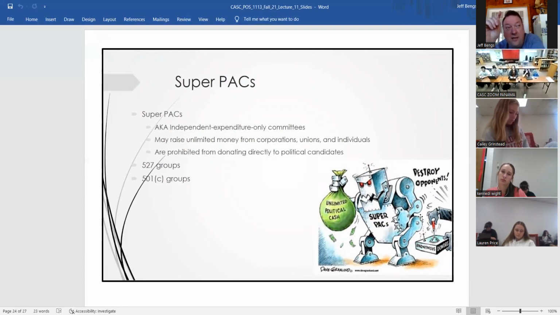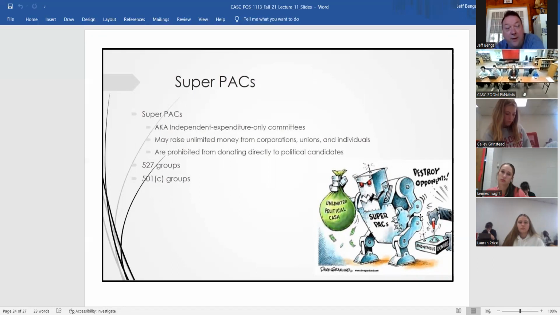Make sure you write notes for this or pay attention. PACs raise money and they give it directly to the candidate. Super PACs raise a lot of money, but it does not go directly to the candidate. The super PACs have to spend the money themselves for the candidate, but they cannot give the money directly to the candidate and their campaign.